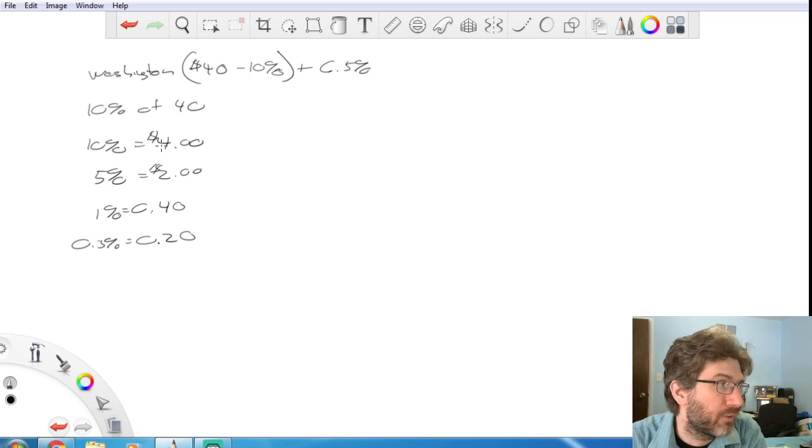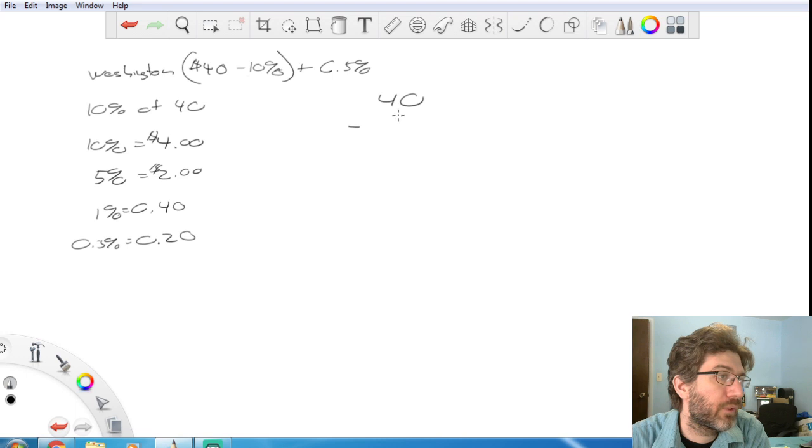So total price of this is going to be your $40. You're going to subtract 10% from that, so that would be minus $4, and you're left with $36. Then you're going to add 6.5%. So to get 6.5%, you need to add 5% plus 1% gives you 6% plus 0.5%.